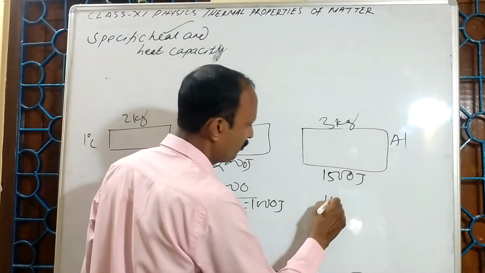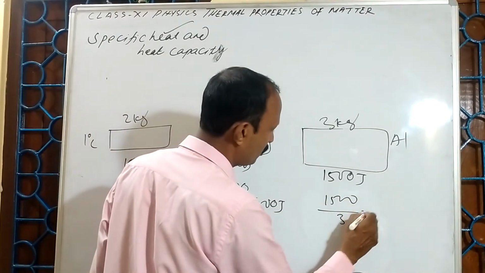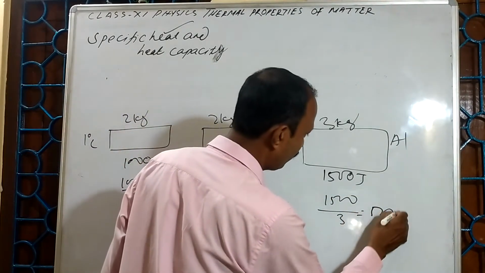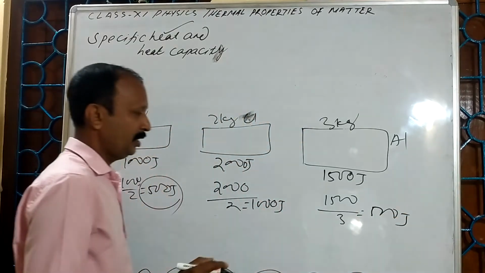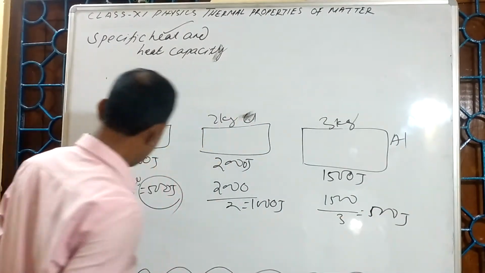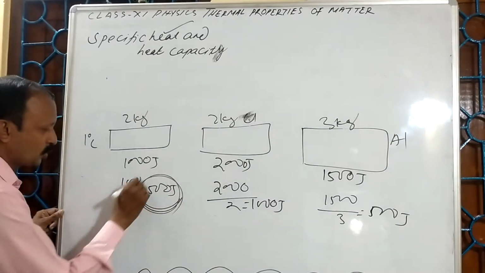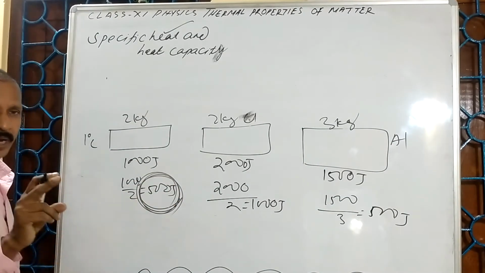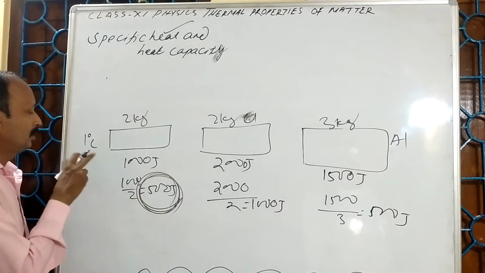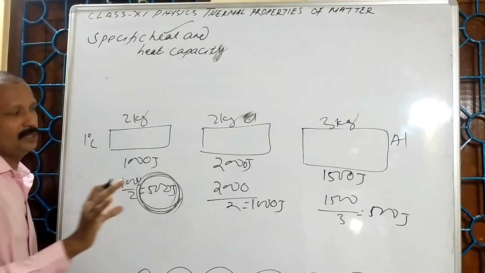Here is 1500 upon 3 is equal to 500 joule. See here.